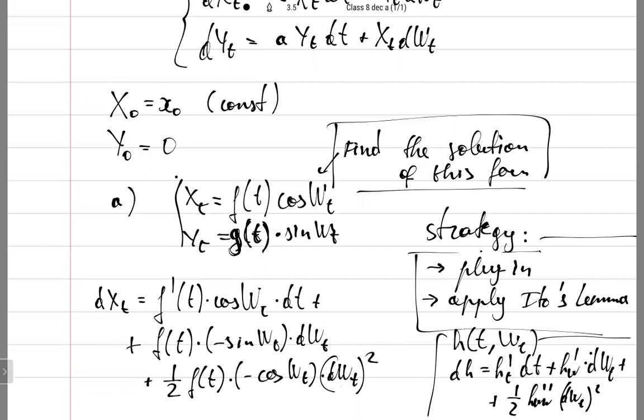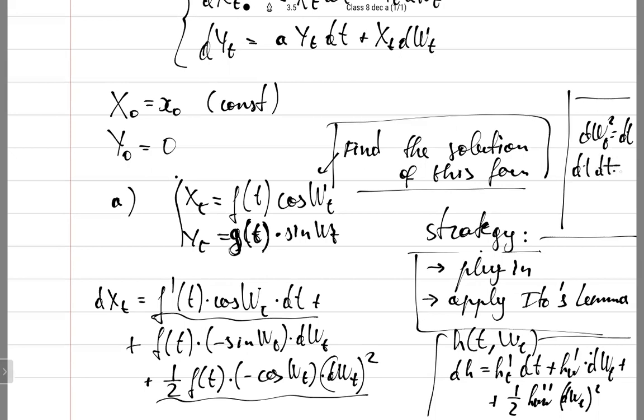We have symbolic rules: dW_t squared is just dt, dt times dt is 0, and dt times dW_t is also 0. These are not honest mathematical objects, but symbolic rules to make computations easier. So we simplify dx_t.